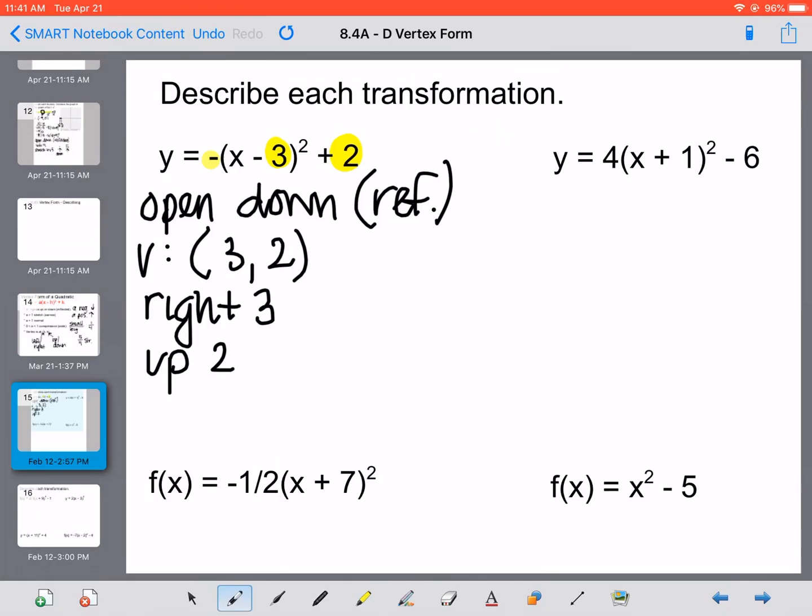Let's go to the next one on the right. So I see a 4. Well, it's a +4, which means I'm going to be opening up because it's positive. And then the 4, since it's bigger than 1, you're going to stretch.